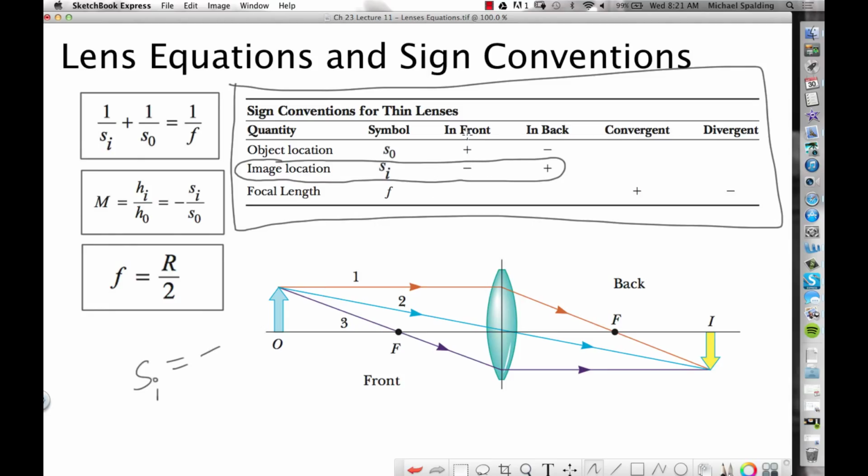Negative means in front, positive means in back. It's reversed. But everything else is the same, right? Look at object location. A positive object distance is in front. A negative object distance is in back.